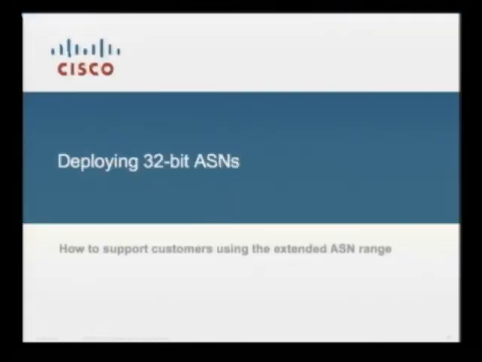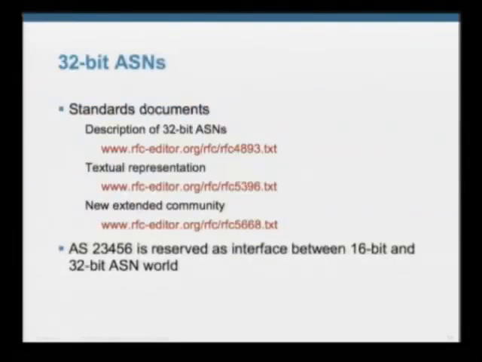Anyway, the next bit I want to look at is 32-bit AS numbers, or I've subtitled it, how to support customers using the extended AS range. So for 32-bit AS numbers, the standards documents are those: 4893 is the specification, 5396 is the textual representation, and then there's the extended community in 5668.